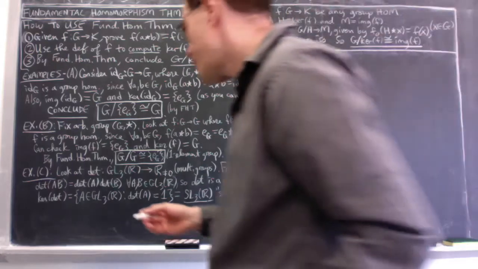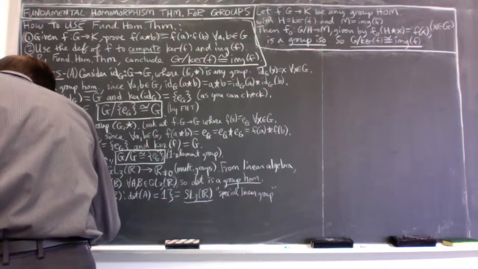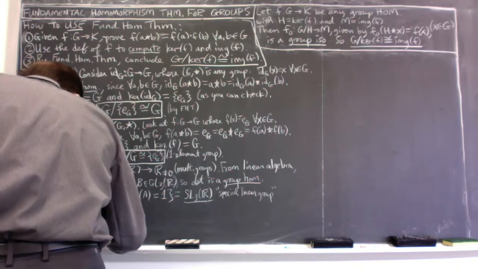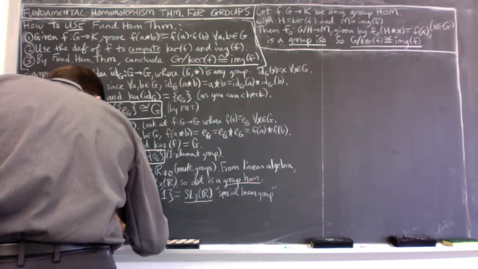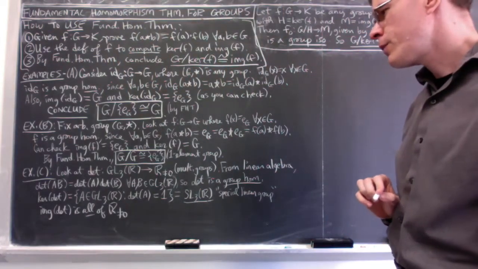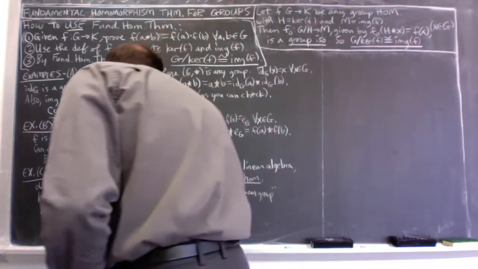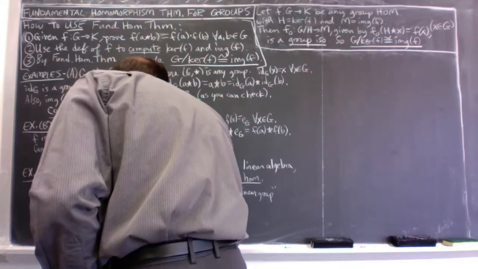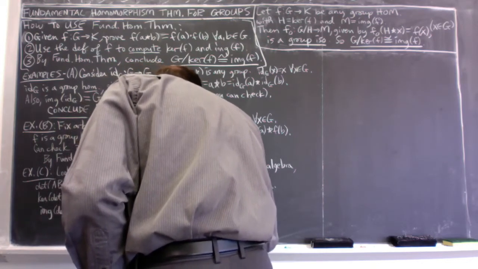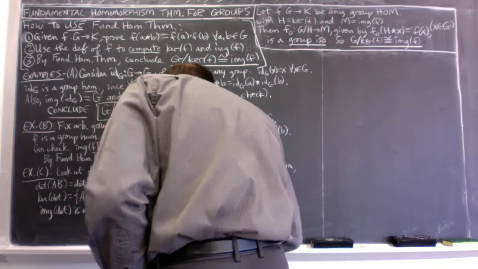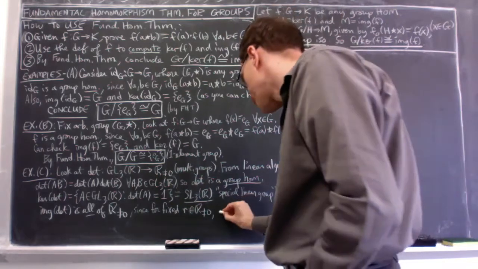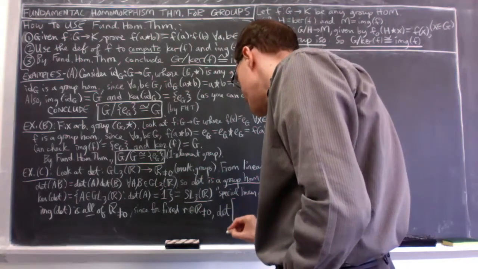Okay. Now, what about the image? I claim that the image of the determinant map is the entire codomain of non-zero reals, because for any such real number, if you give me, say, little r not equal to 0, a real non-zero number, I can come up with some 3x3 matrix whose determinant is r.